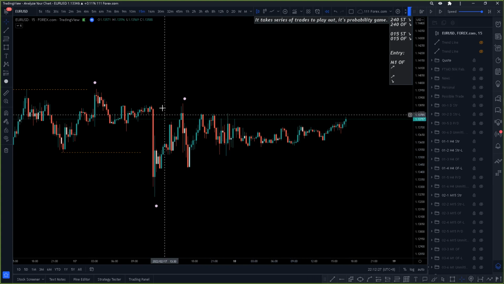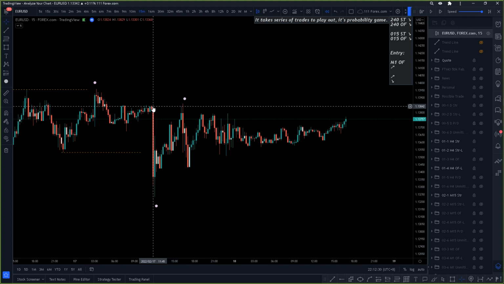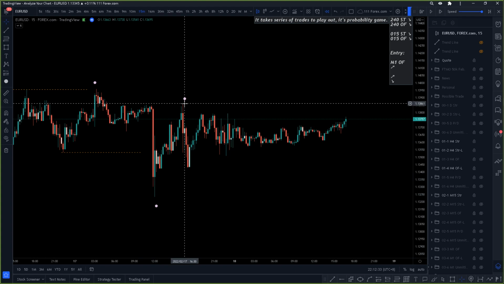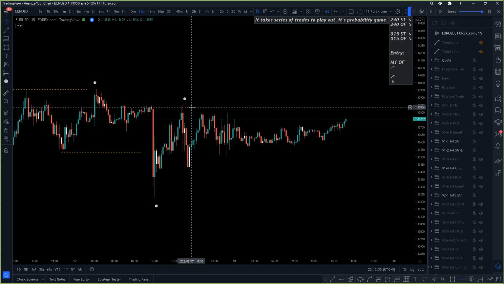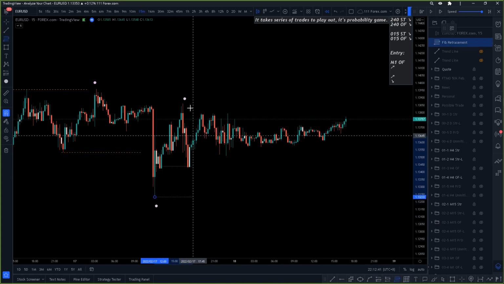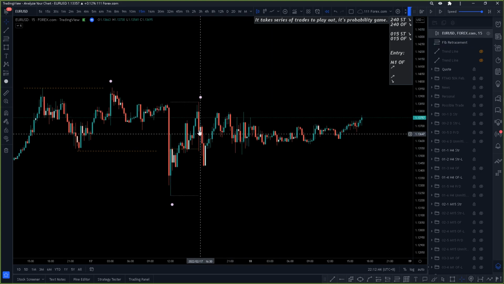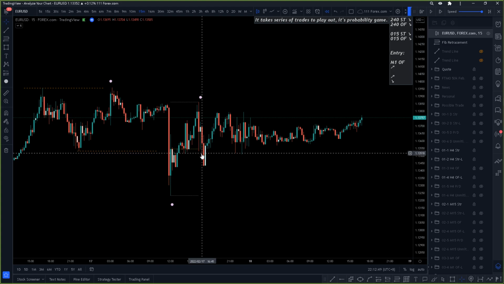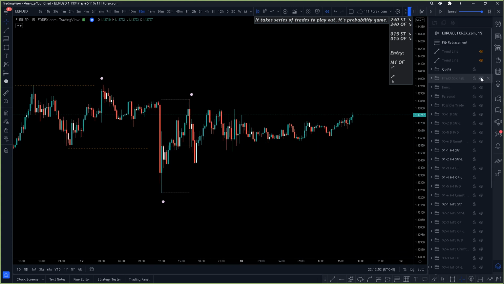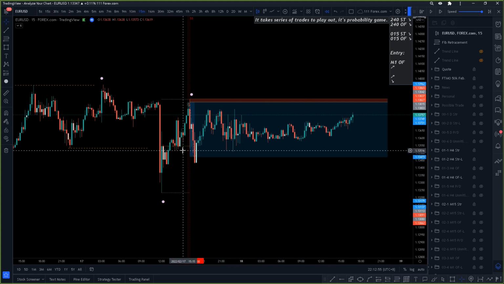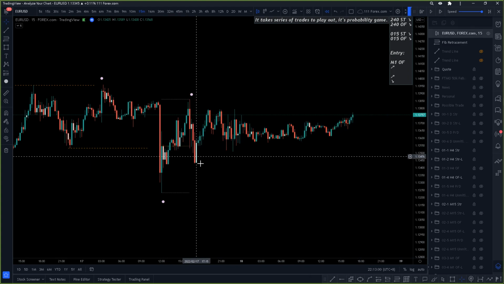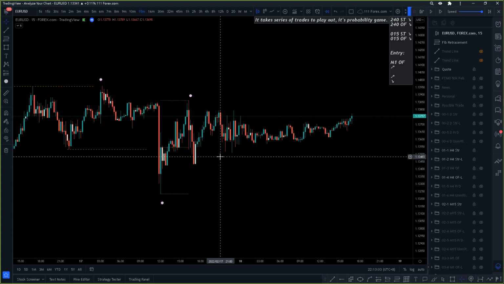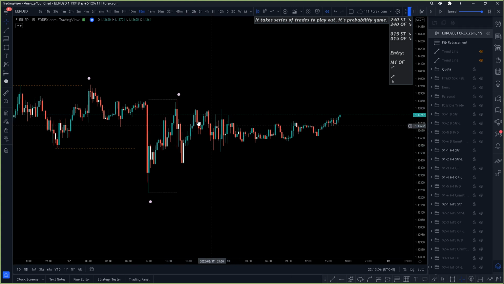You can also argue that here is a change of character, and if it makes a 50-minute change of character, I can take out much more partials in case it taps into lower and continues the price to the higher prices.